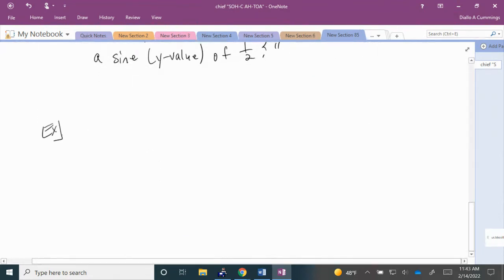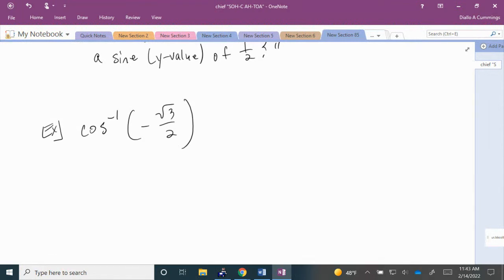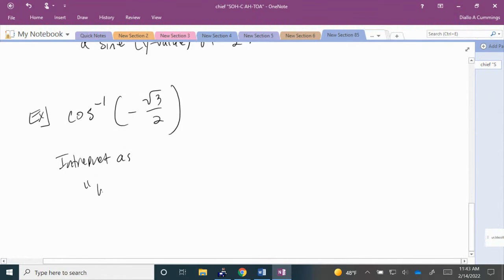Here is another example. Let's find the arc cosine of negative square root of 3 over 2. Before we pull up the unit circle, let's interpret it. We're going to interpret this as what angle in the interval from 0 to pi.